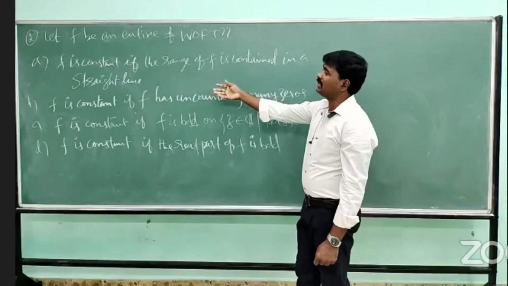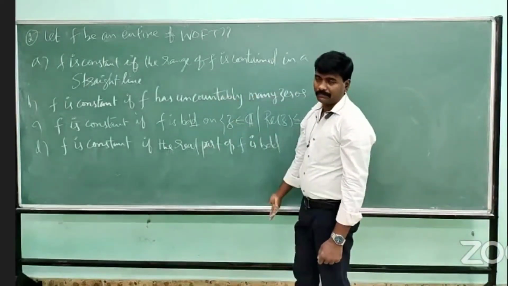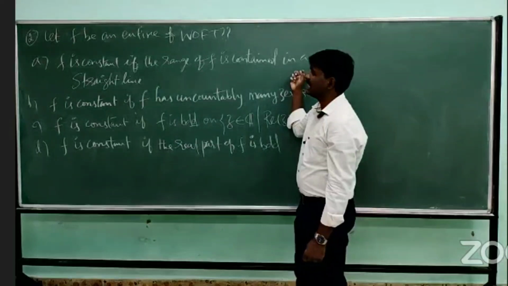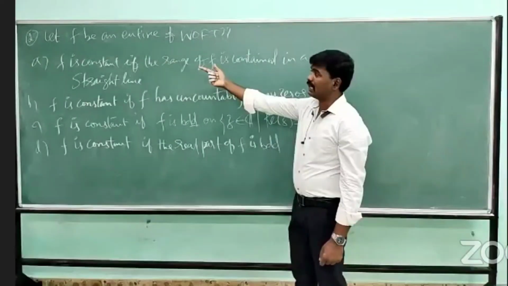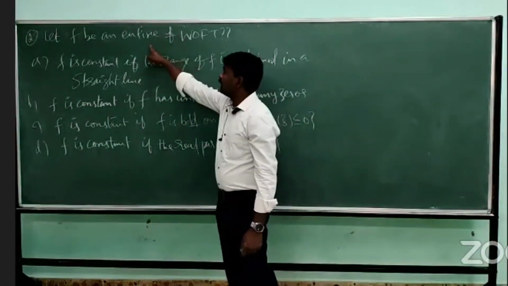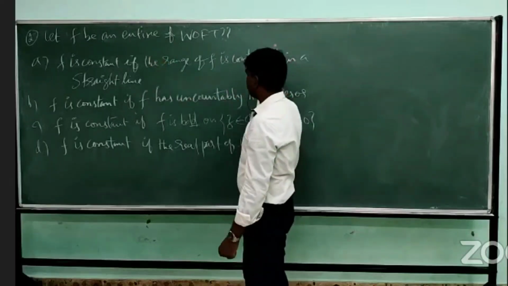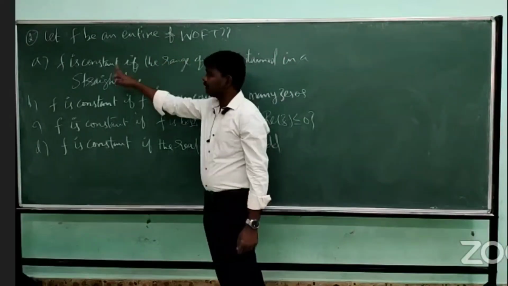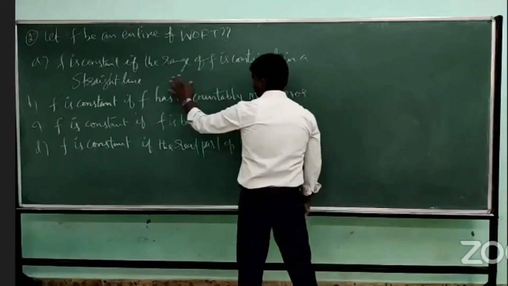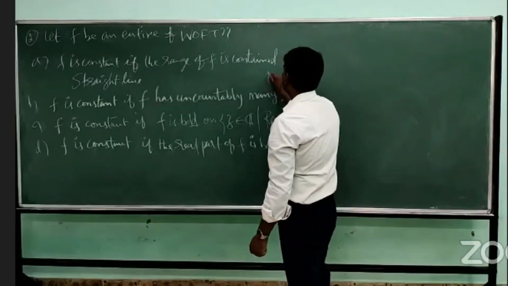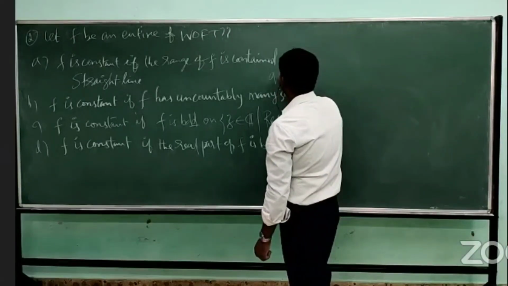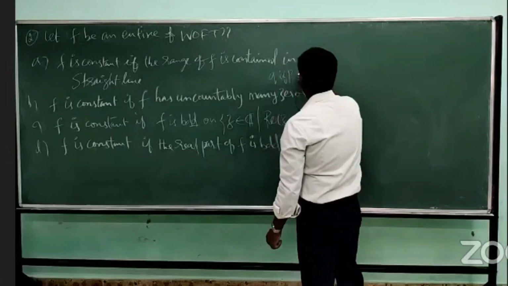First option says the random entire function whose image is contained in a straight line should be constant. The "if" is the given hypothesis, a general hypothesis that f has this property. This implies that f is constant. That is the meaning, the usual meaning of "if": p if q, or whatever it may be.